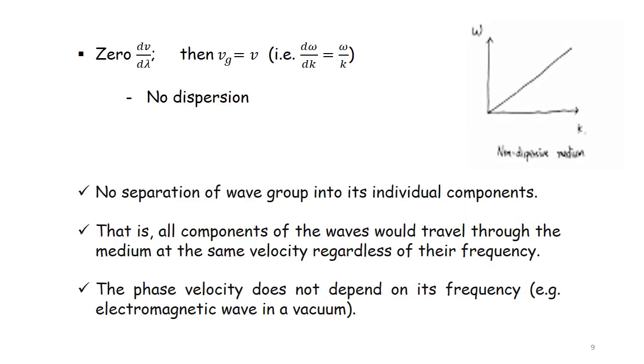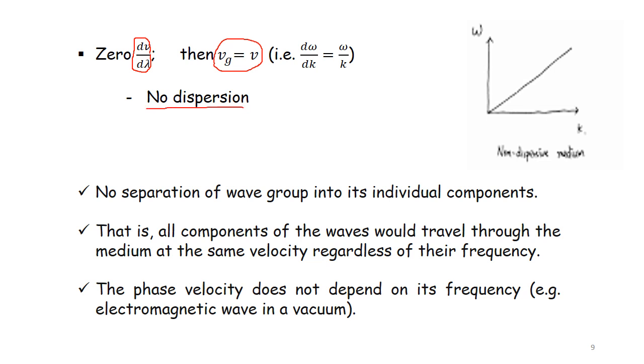For example, when your group velocity is equal to the phase velocity, after solving, your Vg equals your V, which means that for that to happen, your dV/d lambda is equal to 0. When that happens, such a medium is not dispersive.